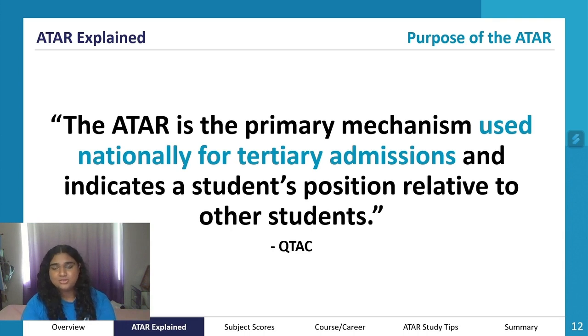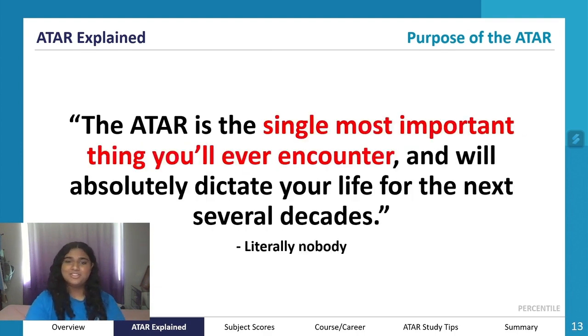Universities will use it to admit you into their courses, but honestly, beyond that, it's kind of a useless number. So never should you consider the ATAR as the single most important thing that you encounter, especially considering that we live in Australia. There are so many opportunities for you to go into the career that you want to go into or get into the university course that you want beyond an ATAR.